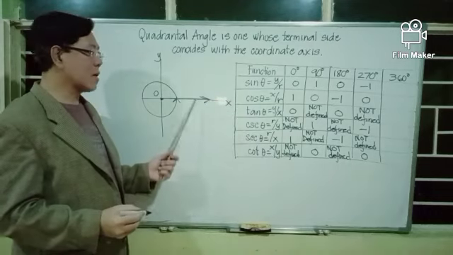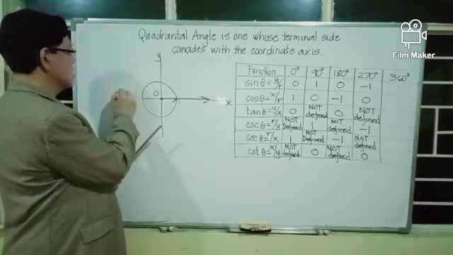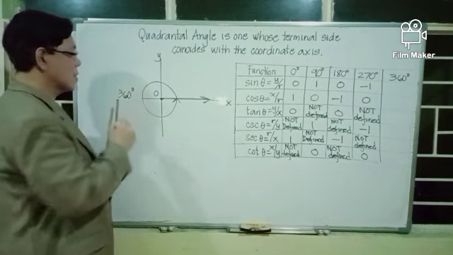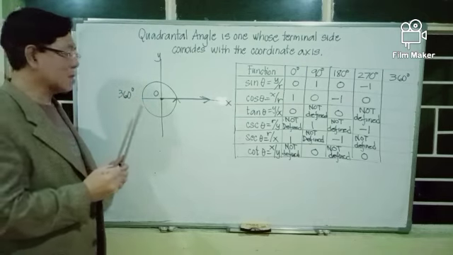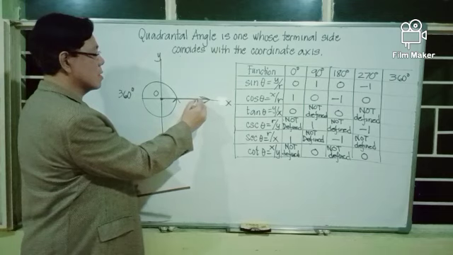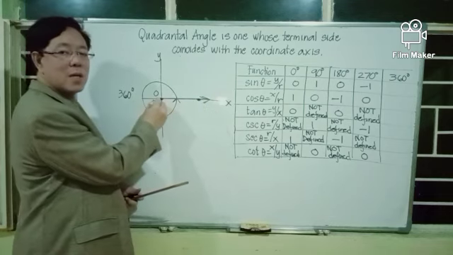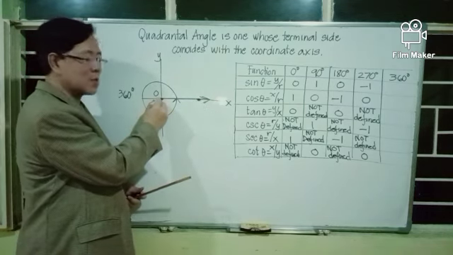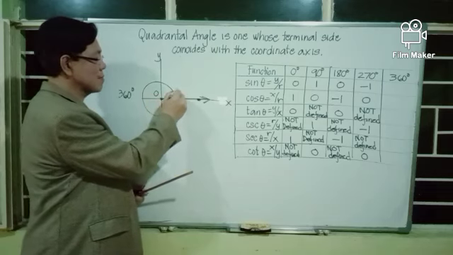From the terminal side of this quadrantal angle 360 degrees, we take a point whose distance from the origin, or the radius vector, is 1 unit.